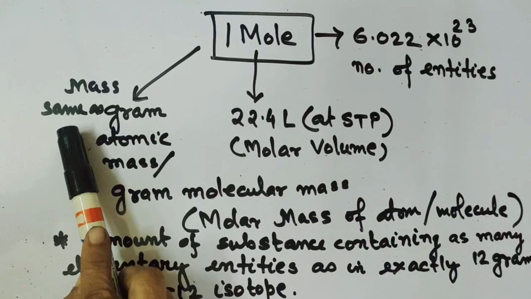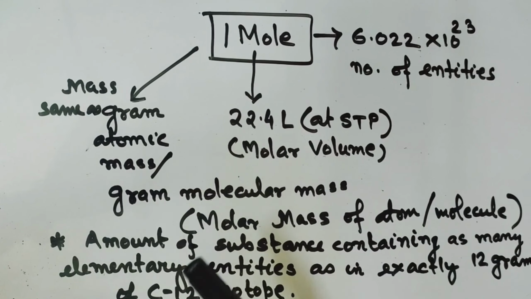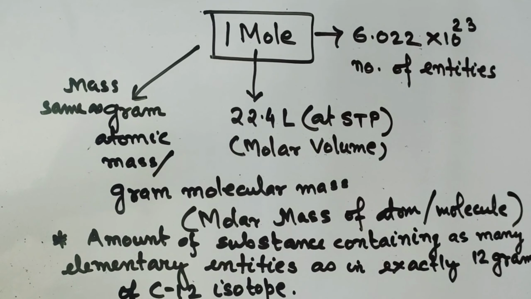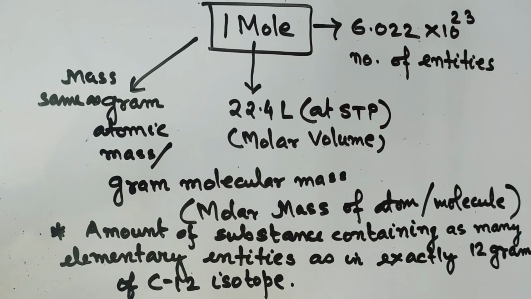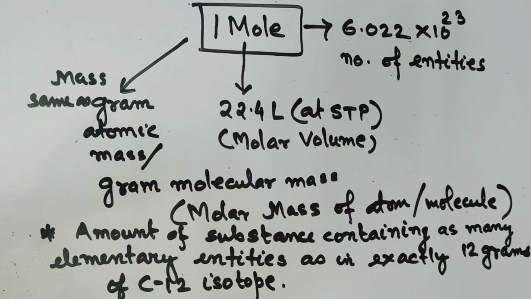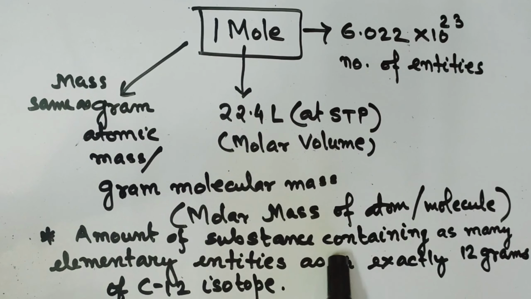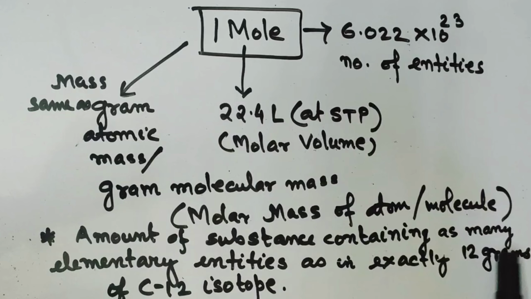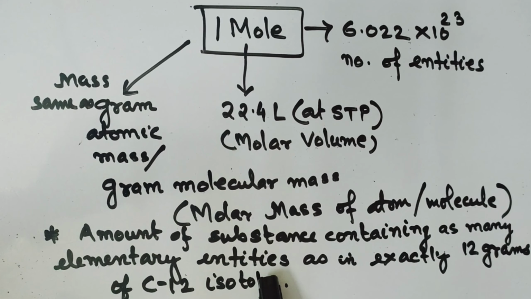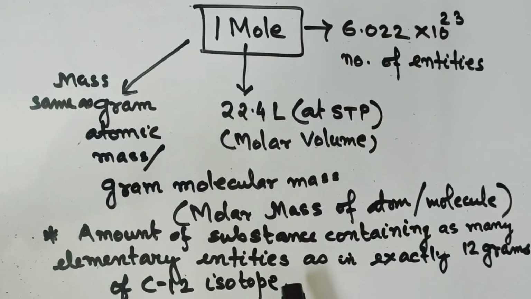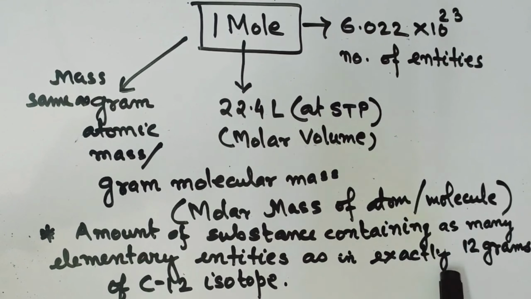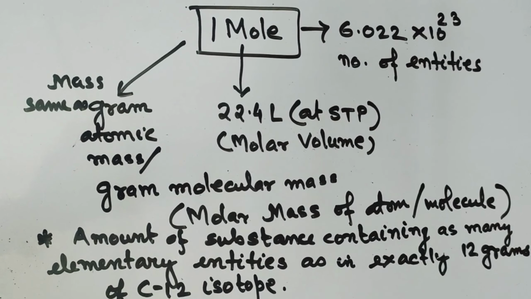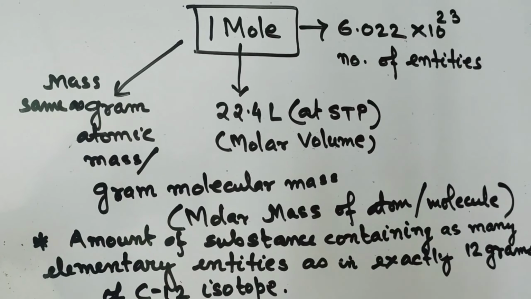The mass which is equivalent to the gram atomic mass or gram molecular mass is same as the molar mass of the atom or molecule. So we can technically define mole as amount of substance containing as many elementary entities, entities means atoms, molecules or ions or particles, as in exactly 12 gram of C12 isotope.